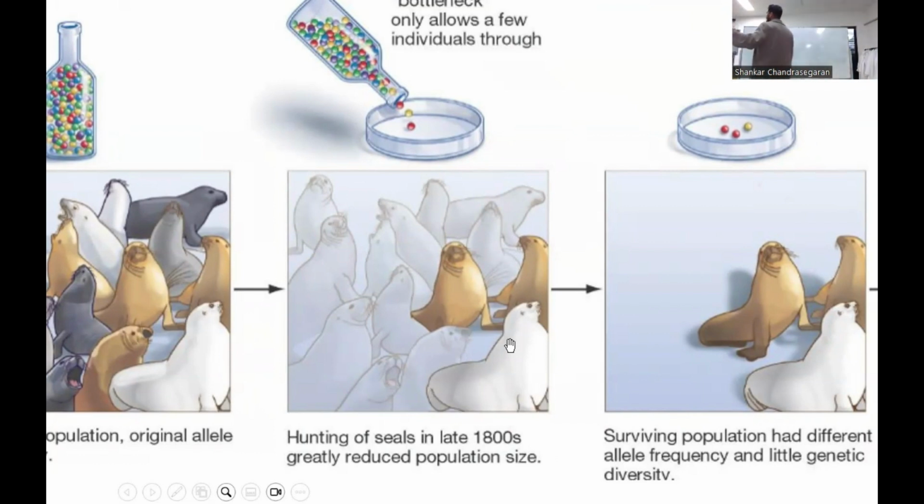So how is this actually different from natural selection and the selection pressure we talked about? Selection pressure is selecting for a specific trait, a specific phenotype, whereas with genetic drift, it's going to be random. There is no phenotype that is being selected for.